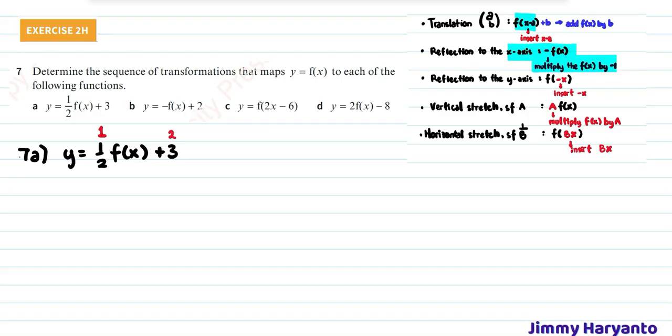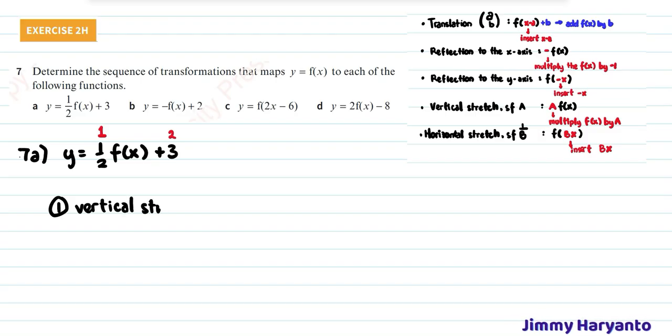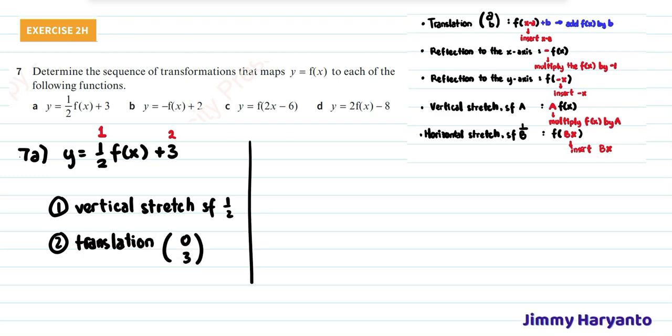And then you only have to see what it is. So for the first one, it's vertical stretch, scale factor of half, and then the second one is translation by 0, 3. Okay, that is for 7a.